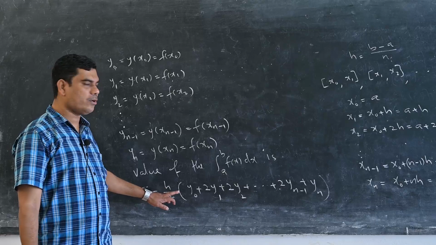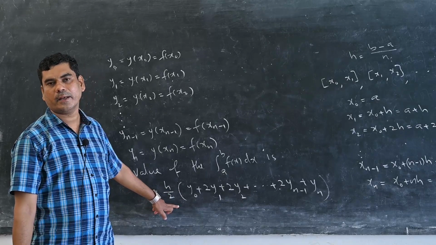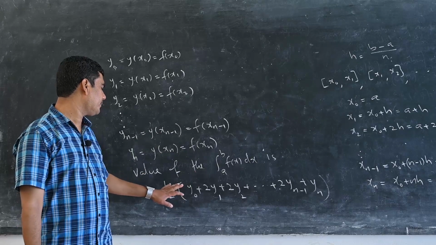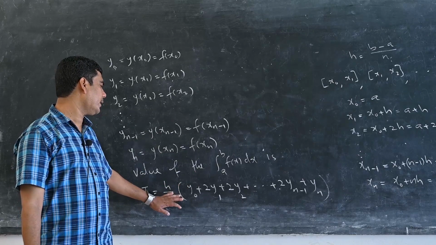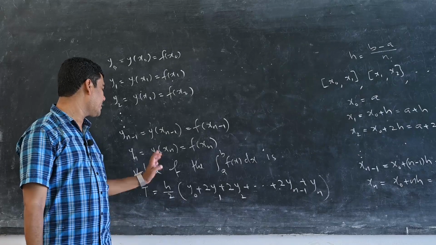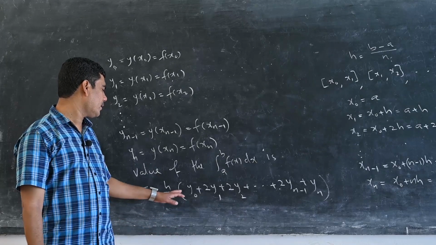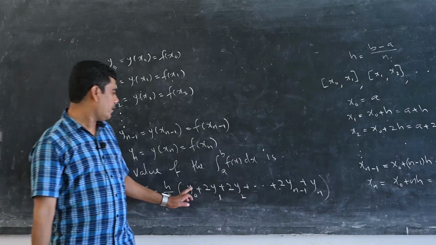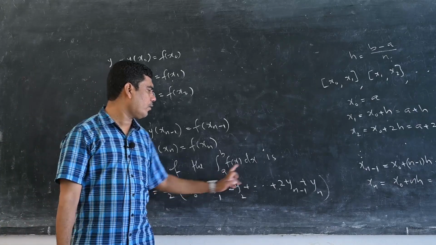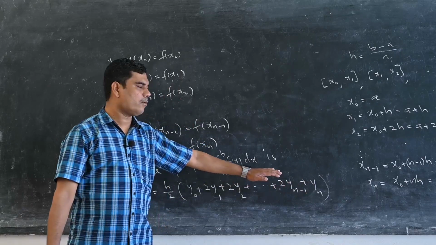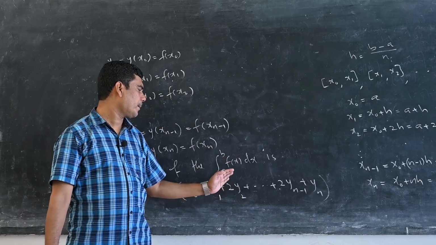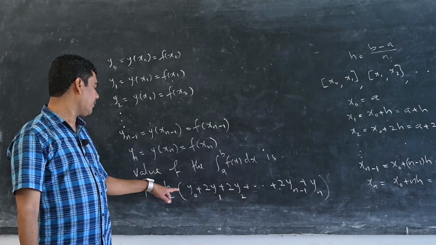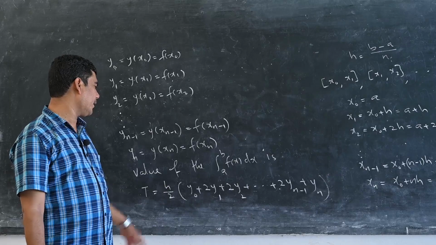So this is the formula to find approximate value of integral a to b f of x dx using trapezoidal rule. 1 into y naught, 1 into yn. Multiply all other terms by 2. Add them, multiply it by h by 2.